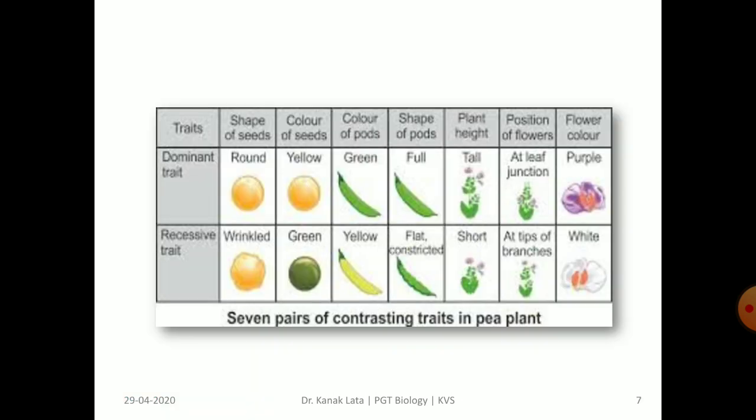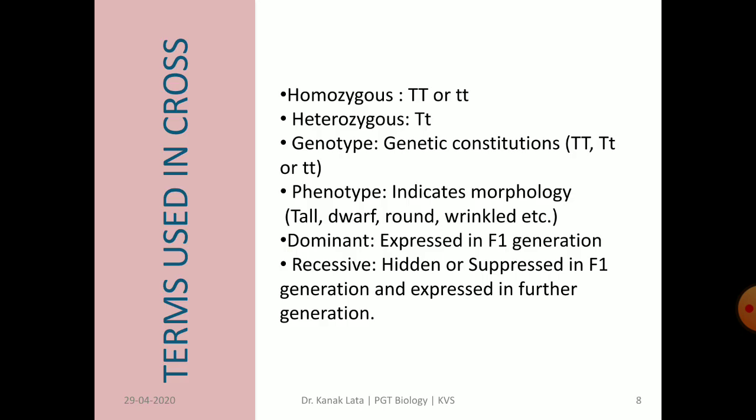This figure indicates the dominant and recessive traits in different characters, that is shape of seeds, color of seeds, color of pods, shape of pods, plant height, position of flower and flower color. Now we will see a few terminologies used in the cross.